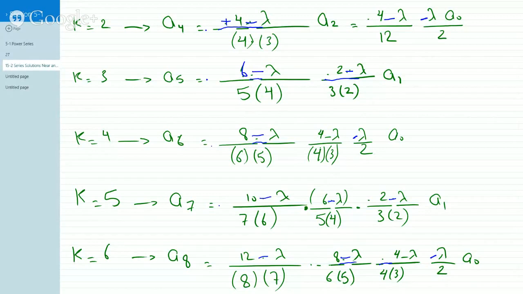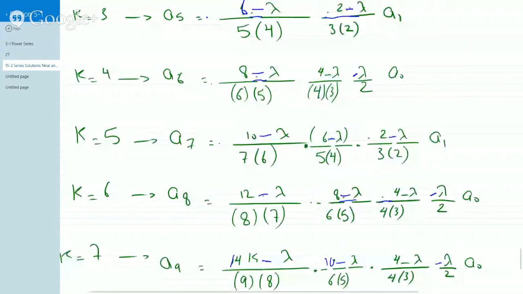So what's a4? a4 is lambda times lambda minus 4, yep, over 4 factorial, yeah. Okay, good. So this is adding up.